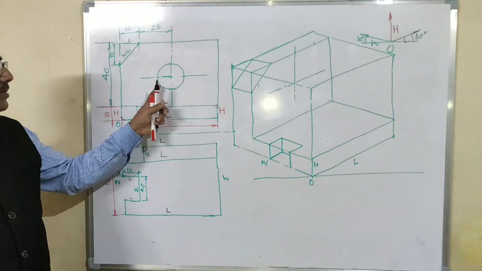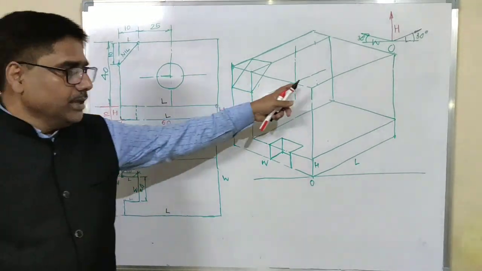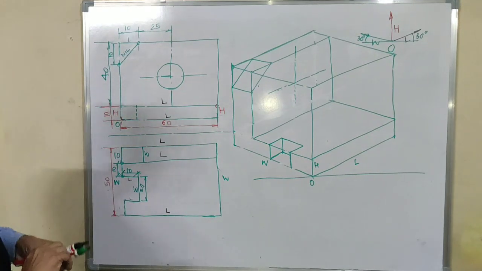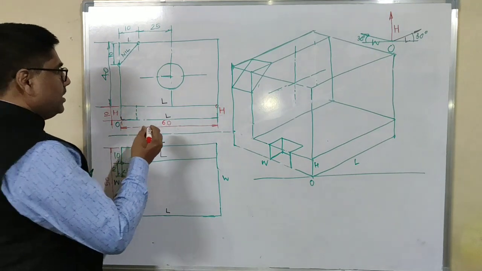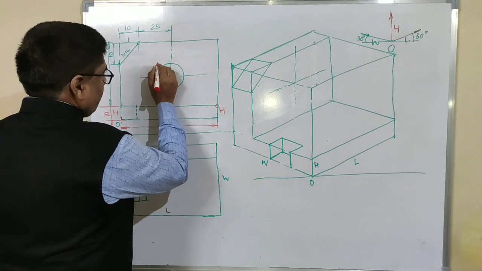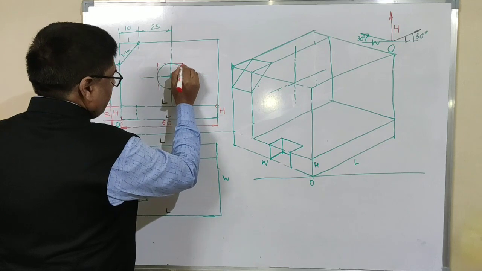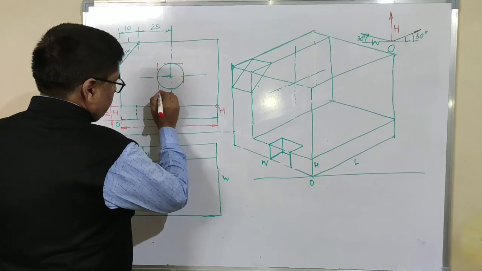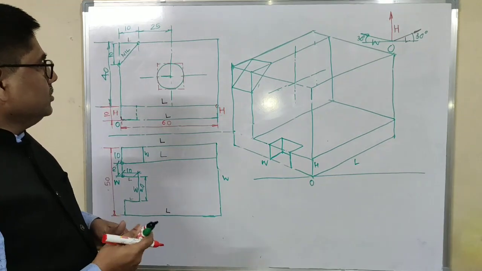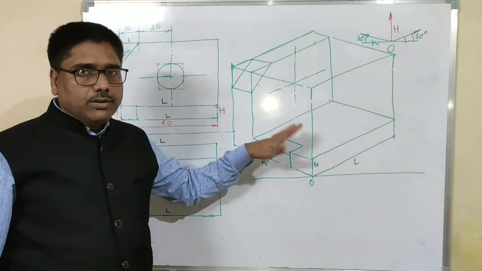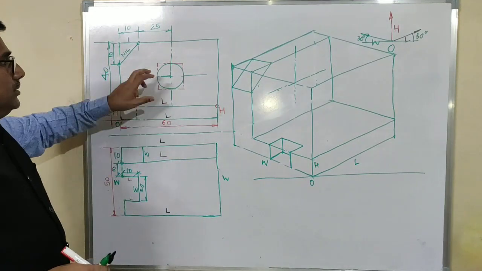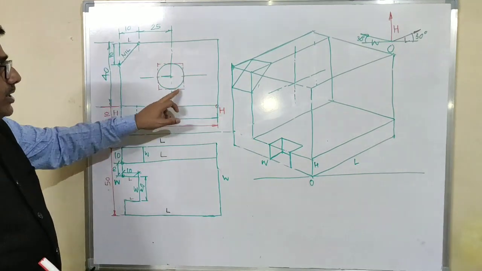Now to draw isometric of this circle here, see, it is better to put this circle inside a square, such that there will not be any confusion whether to draw the rhombus in front plane, top plane or side plane. See, this is the square.